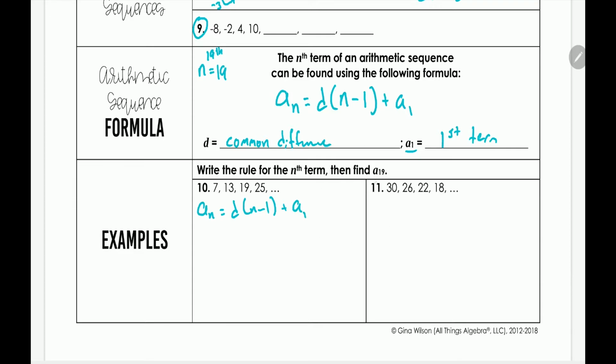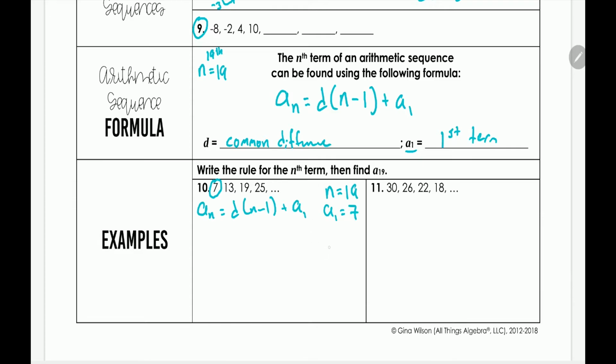And then we're asked to find a sub 19, in other words, the 19th term. So for this problem, n is going to be equal to 19. What we have to do is determine what the first term is, a sub 1. If we look in our sequence, the first term is 7.